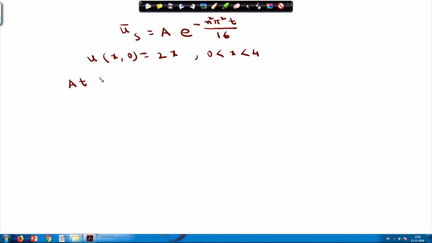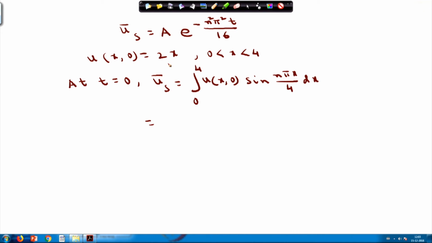At t equals 0, what is u bar s? From the definition of u bar s, it is the integral from 0 to 4 of u(x, 0) into sin(n pi x by L), L is 4, into dx. Here u(x, 0) is given as 2x.